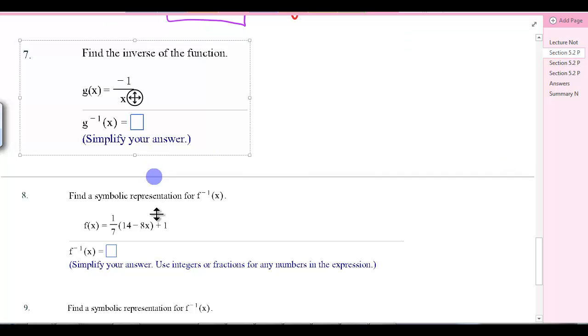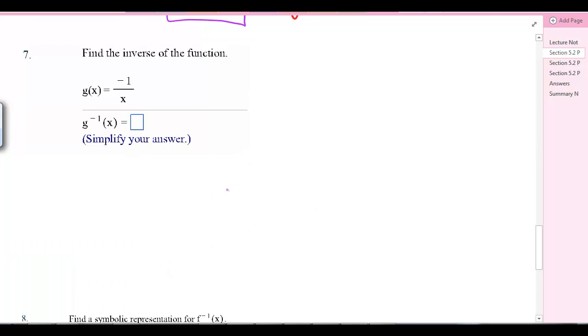Get some room here. All right, so we have negative 1 over x. So instead of g of x, we're going to write y equals negative 1 over x. We'll switch out and have x equals negative 1 over y. To solve this, you actually can multiply y over here. So you're multiplying y on both sides.